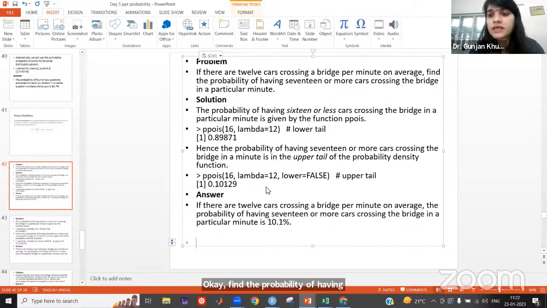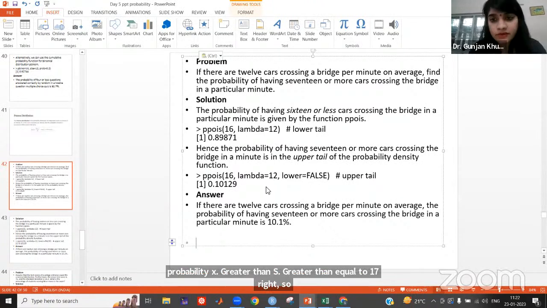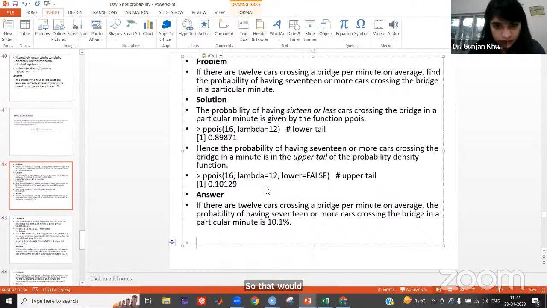Find the probability of having 17 or more cars. So probability X greater than or equal to 17. That would be 1 minus probability X less than 17, right? Is that okay?